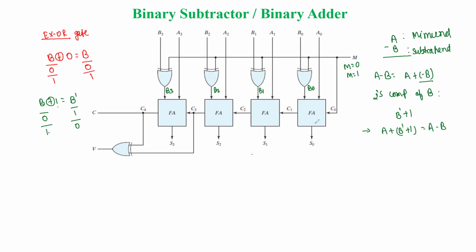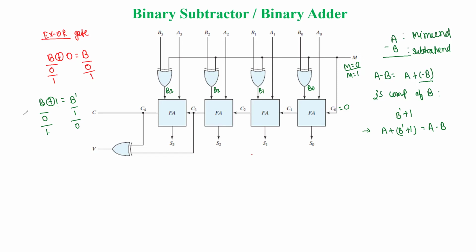So finally it is going to perform simple binary addition. And M is equal to 0, so this initial C0 is also going to be 0, and this circuit is going to act as a simple binary adder.